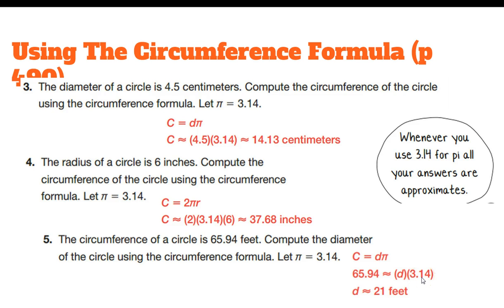Because you know how to do 1- and 2-step equations, in order to isolate the variable, since this is multiplication, we have to use division. So we divide both sides by 3.14, and you get that D is approximately 21 feet. Go ahead and repeat this if necessary so that you understand how to do the 1-step equation here.